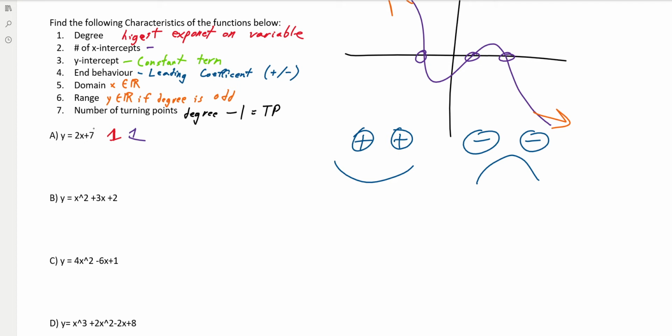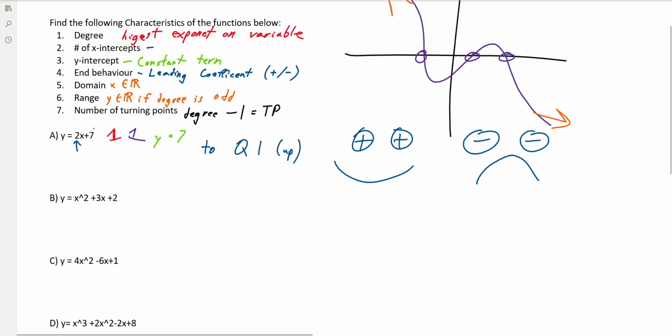The y-intercept is given by the constant, so that's right here: y equals 7. And the leading coefficient is the 2, just a positive 2. So that means the end behavior is going towards quadrant 1, or another way of saying that is it's going up.